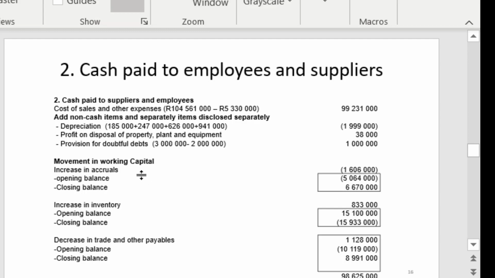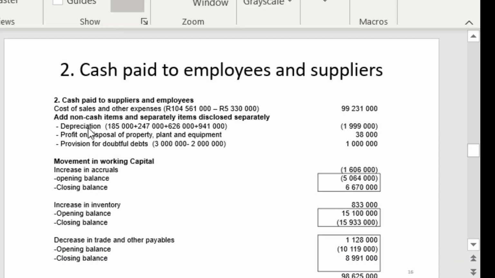So this should be reflected here in the movement of working capital. Accruals, increase in accruals with 1,606,000. When it comes to trade and other payables, it has decreased by 1,128,000.